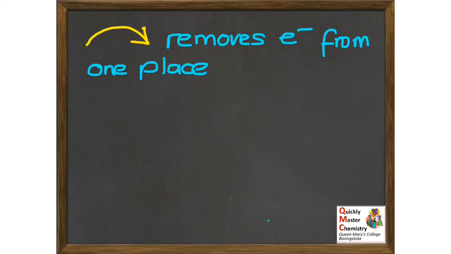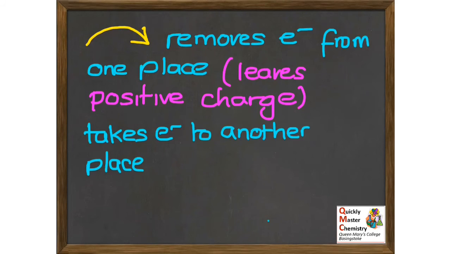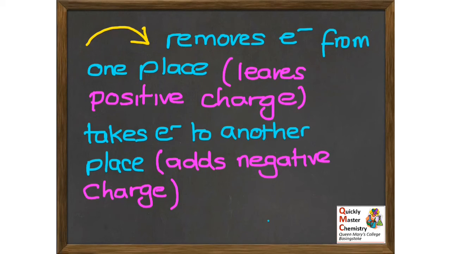So the curved arrow, the curly arrow, takes an electron pair from one place to another place. Now, if you take electrons away from somewhere, you're going to leave some form of positive charge behind. And where the destination is, where you take them to, you're going to be taking negative charge to that destination.